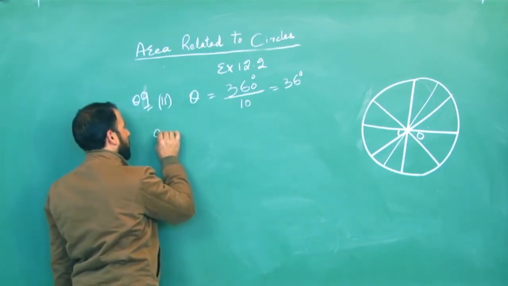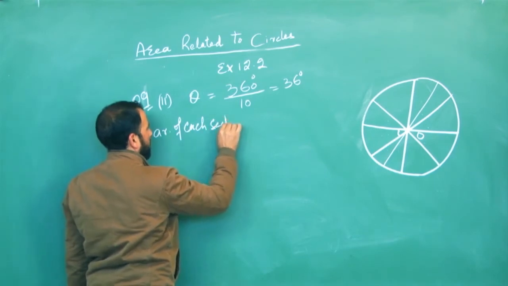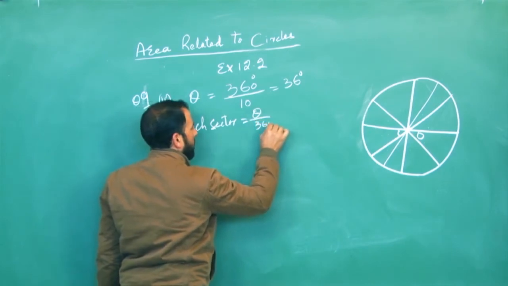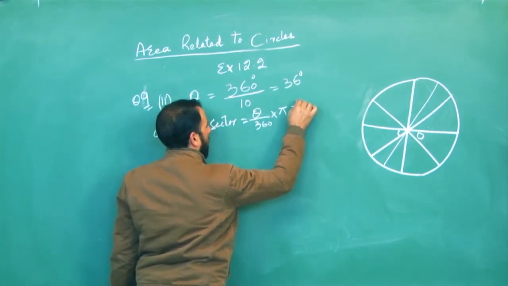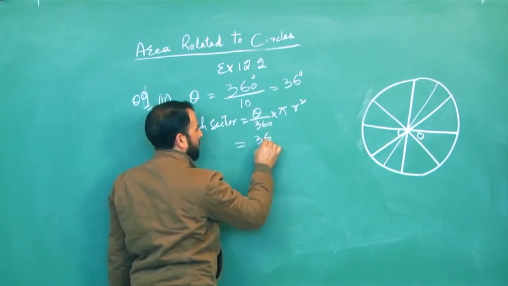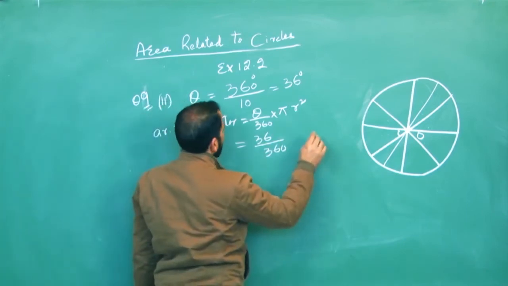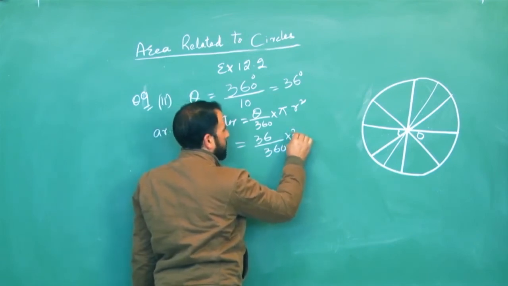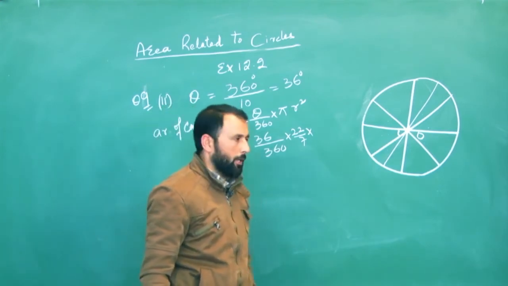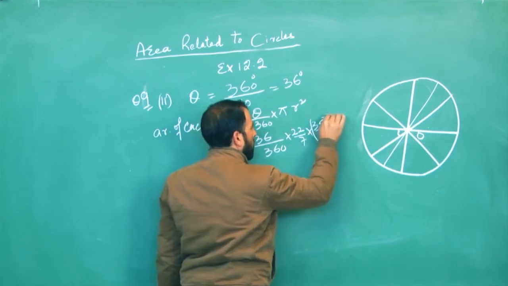Now area of each sector is equal to theta divided by 360 into pi r square. That means theta is 36 divided by 360 into pi, which is 22 by 7, into r square. R square is clearly here 35 divided by 2 whole square.